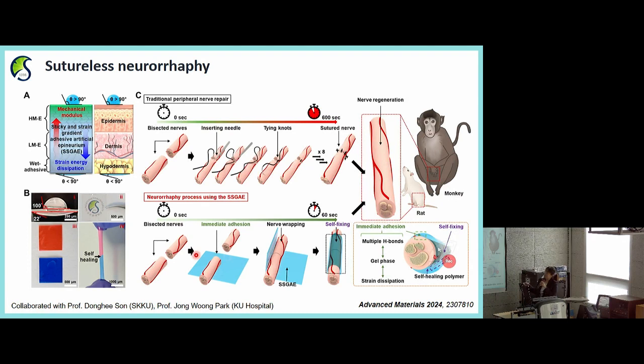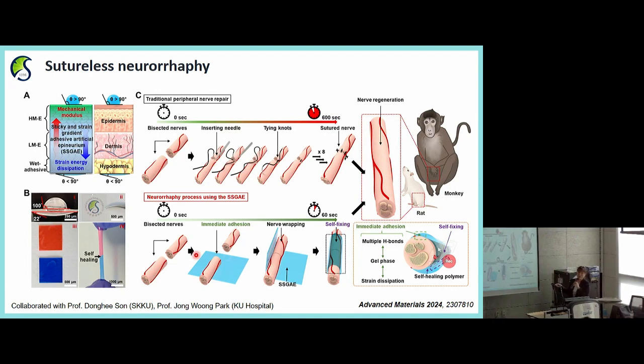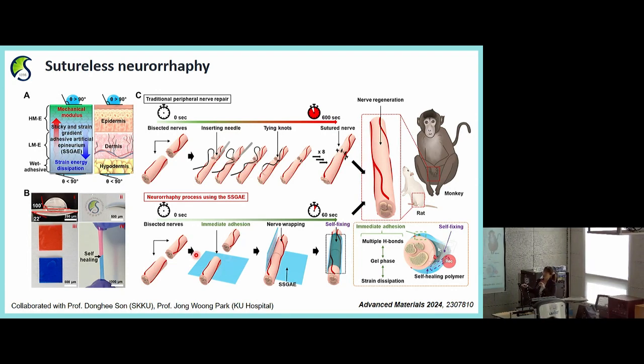So mimicking these structures, we set up our hydrogel patch. The first layer is an elastic silicone-based polymer, and the second one is also a silicone-based polymer, but with a medium mechanical modulus. And the last one is our adhesive hydrogel, as I mentioned in the previous slide.